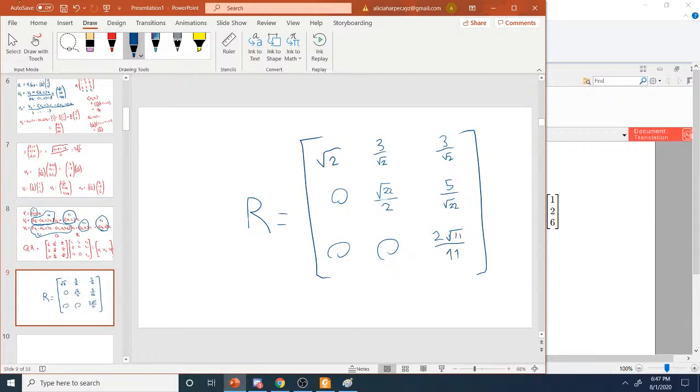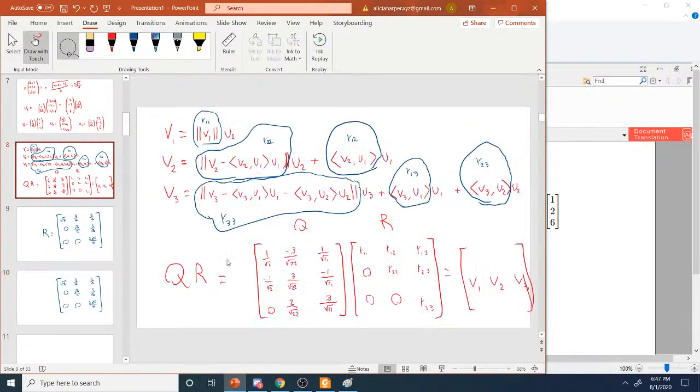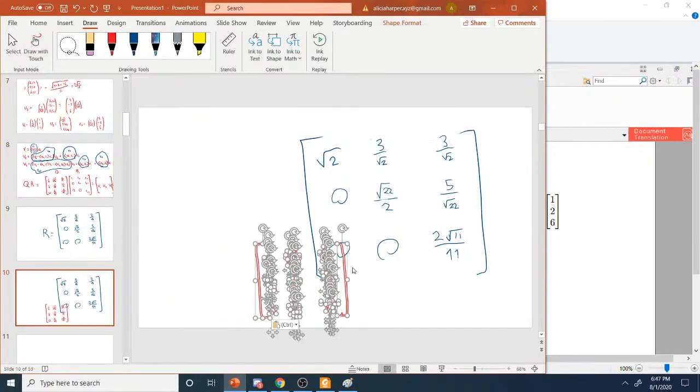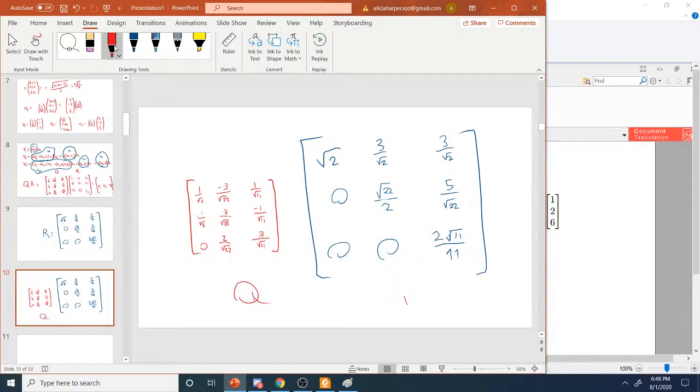And this gives us our R matrix. So now we have our R matrix, and we also have our Q matrix. And so this right here together gives us the QR decomposition of A.